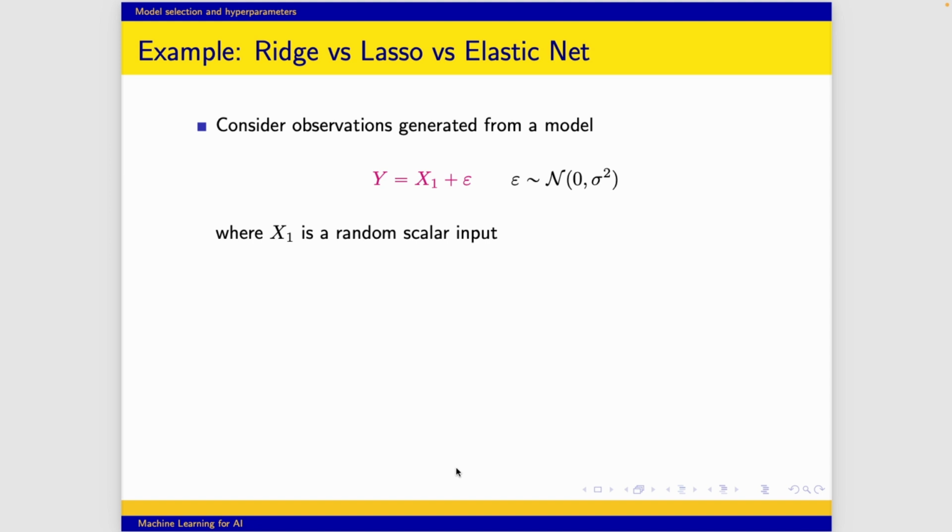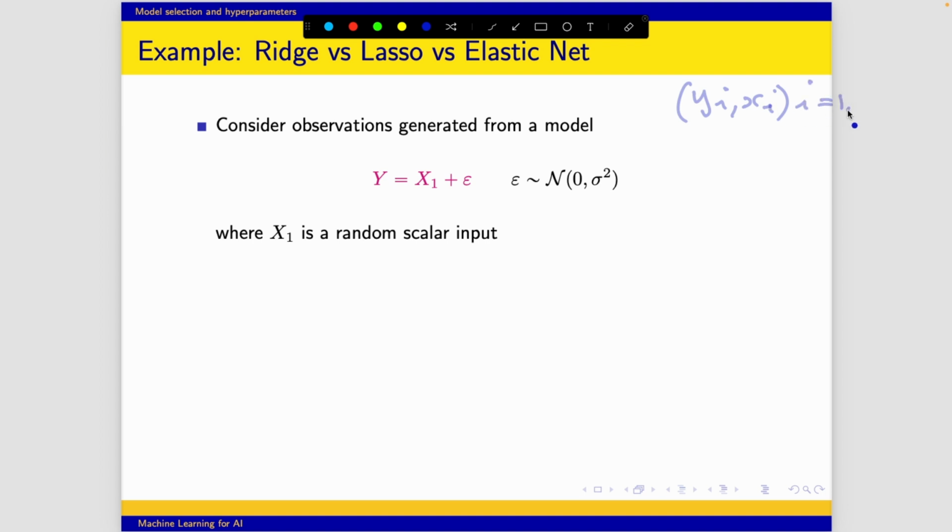Now, what we're going to assume is the following, that we have data y_i, x_i pairs from i equals 1 up to n. Now, these y_i are scalars. The x_i are vectors. So a general x looks like this, x1 up to xp. There are p of them.